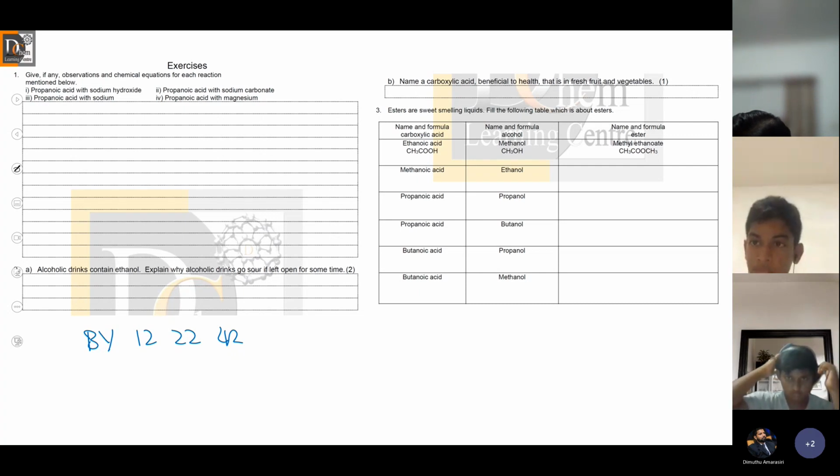Dulmika, your answers are good. But 2 marks: explain why alcoholic drinks go sour if left open for some time. The answer that you wrote scores only 1 mark.